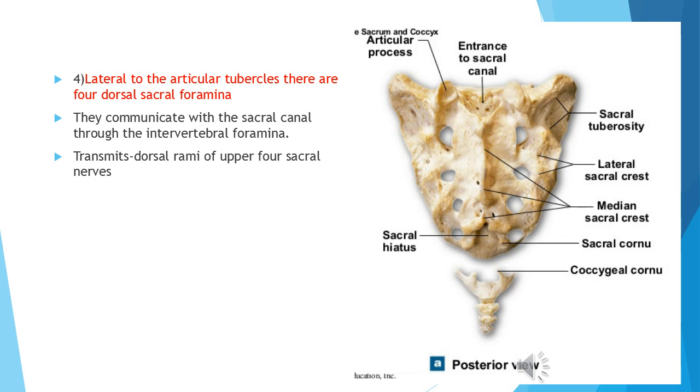The structures transmitted by these foramina are the dorsal rami of the upper 4 sacral nerves. So you have to remember that on the pelvic surface you come across 4 foramina. They are known as pelvic sacral foramina, and they transmit the ventral rami of the upper four sacral nerves. The dorsal sacral foramina transmit the dorsal rami of the upper four sacral nerves.